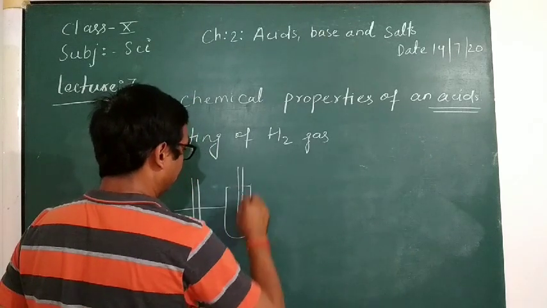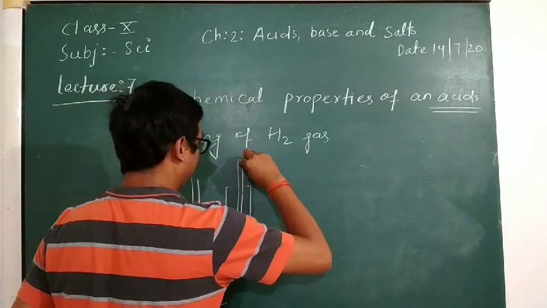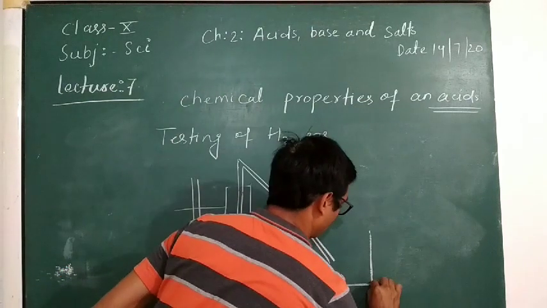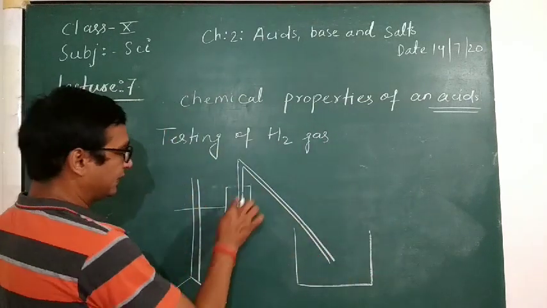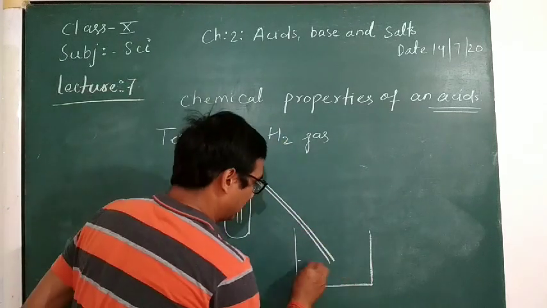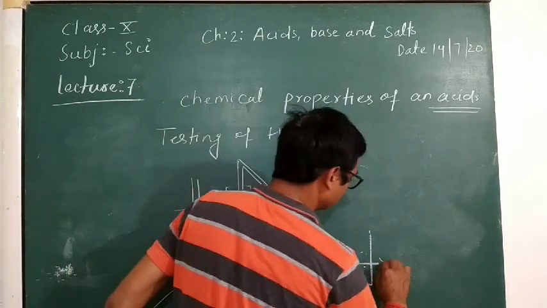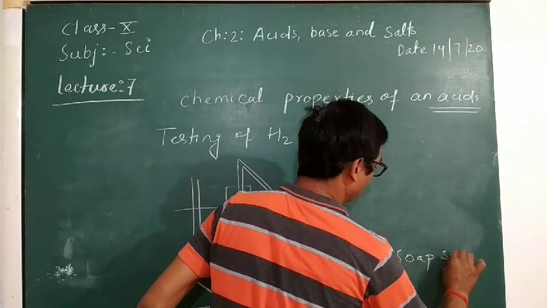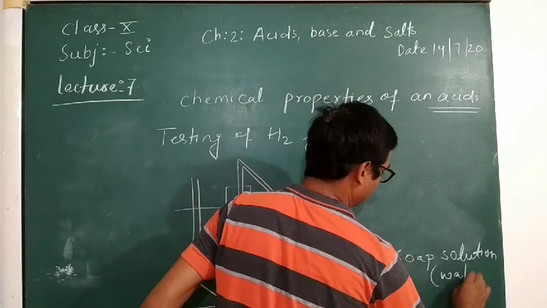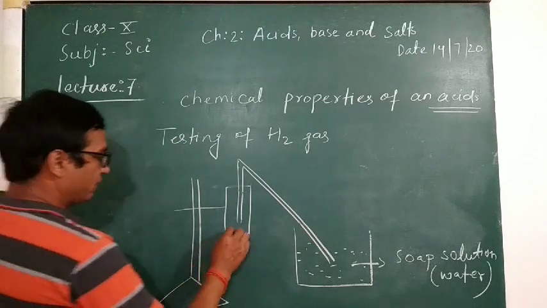A pipe runs from the test tube and goes inverted into a beaker which contains soap solution, or you can say soap water.